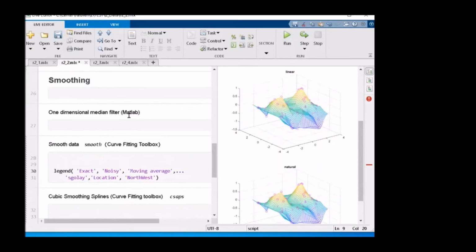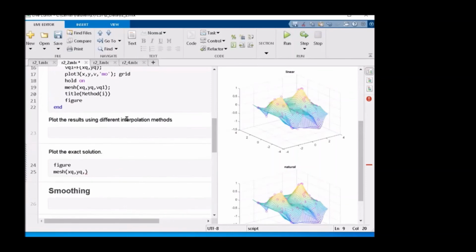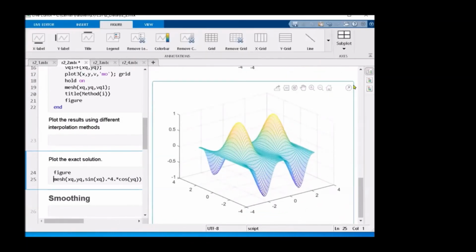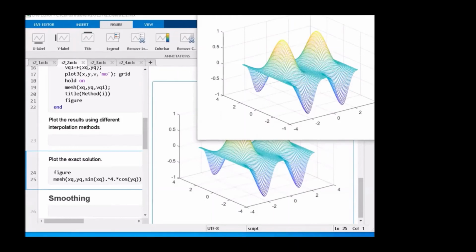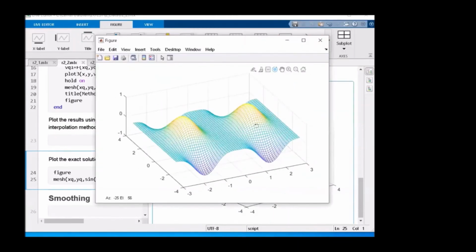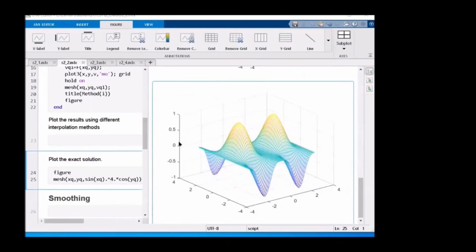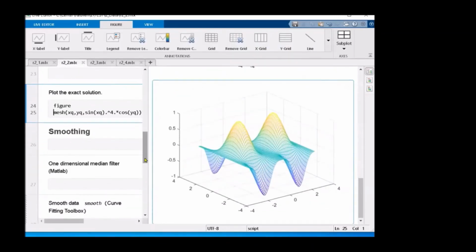We will take it from here and just put it here. The only difference is the arguments, xq and yq. That's all, and we can just see it. Here is our analytic function. Also, we can see it on a large screen and just play with it. It's our analytical function that we just interpolated with three different methods.